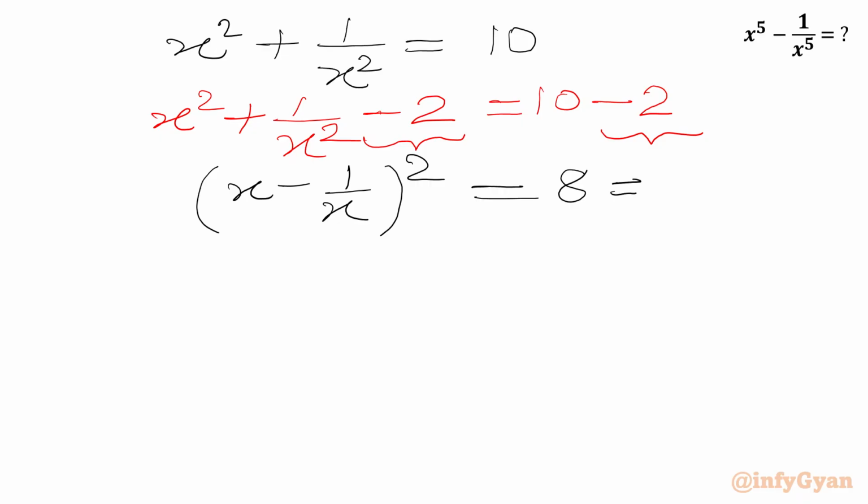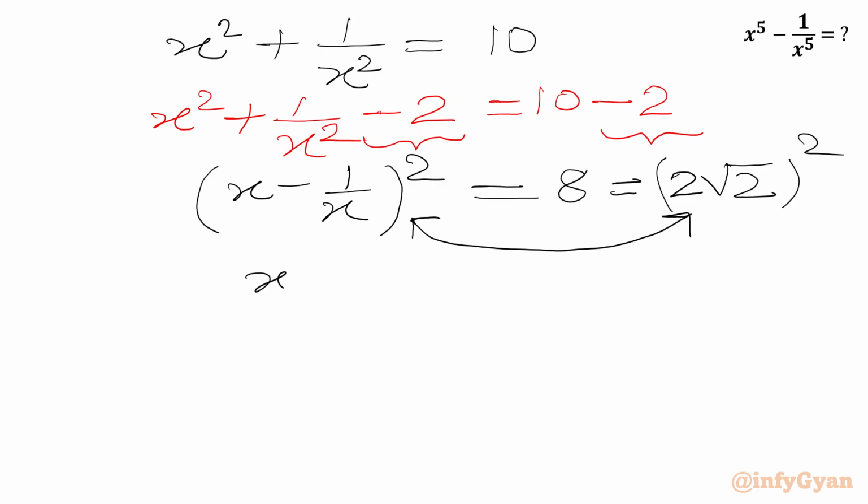8 can be written as 2 square root 2 whole square. Now we will take square root both sides. We will get x minus 1 over x equal to plus minus 2 square root 2.